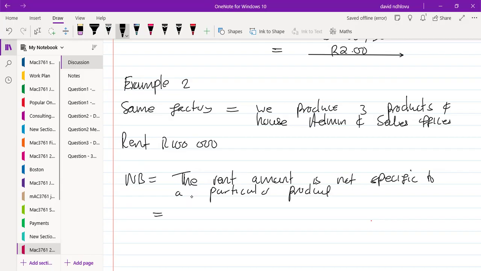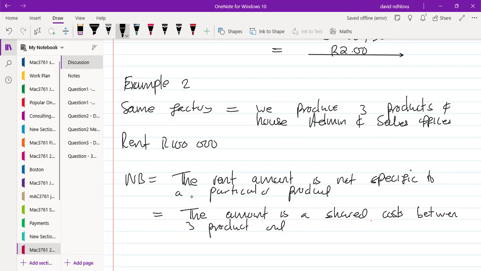The rent amount is a shared cost between 3 products and a periodic cost, which is the administration and the selling and distribution.